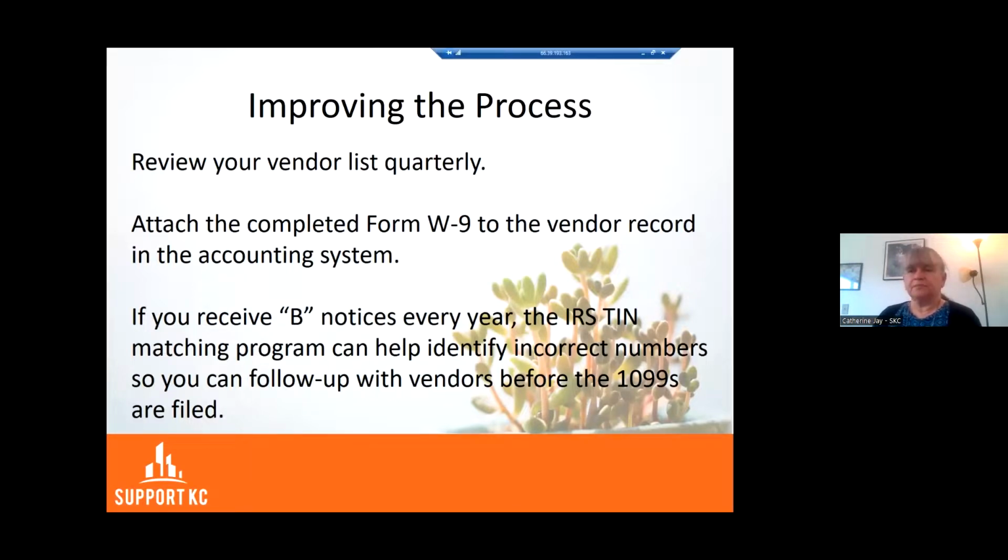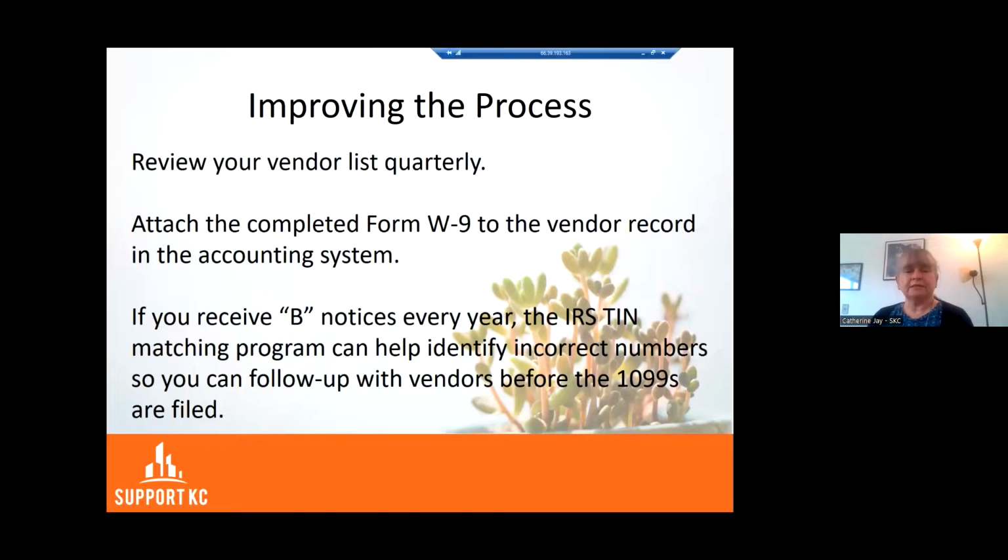And one change that happened for the 2022 filing season that I don't have a slide for relates to the 1099-Ks that credit card companies issue. When they came out with the rules a few years back, where if you're paying a vendor by credit card, the credit card company should be issuing the 1099 to that vendor, and you do not have to issue that.